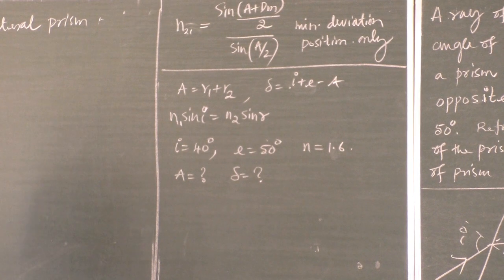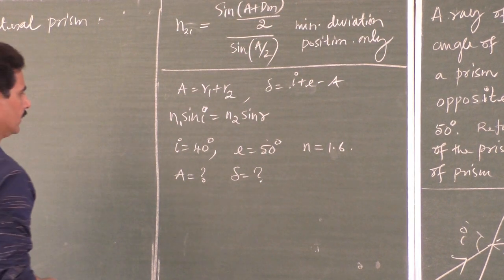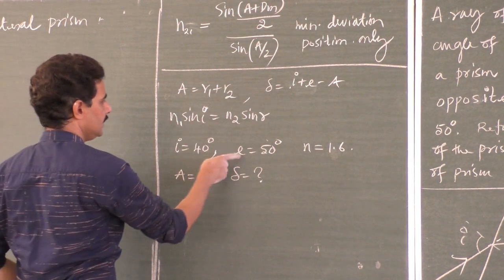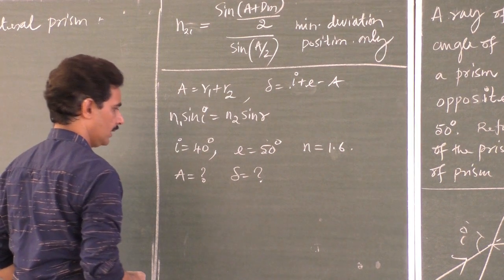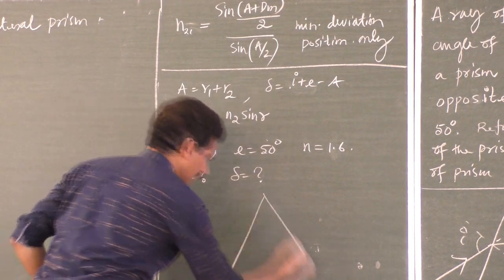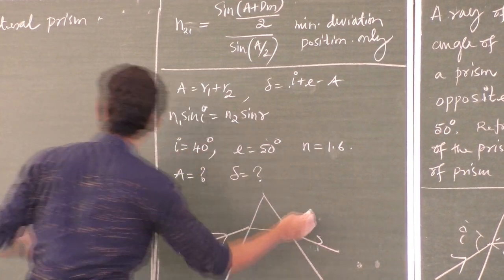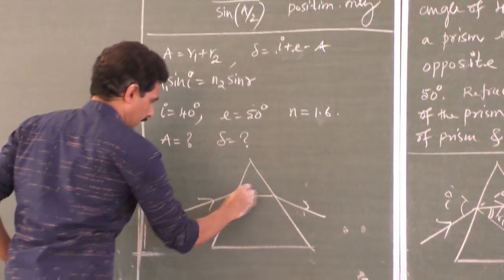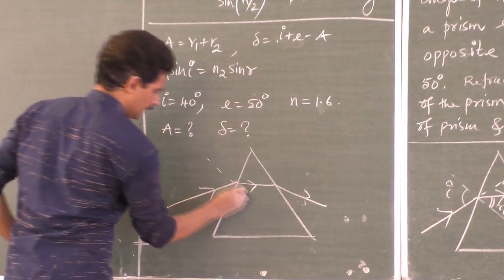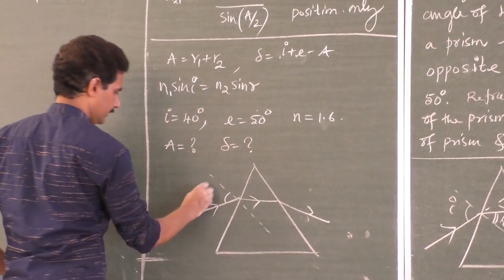Okay, now, how can we solve this? I is given, E is given, N is given. Shall I draw the diagram once again here? I will put all the values here and restrict my explanation within the board. This one is 40.